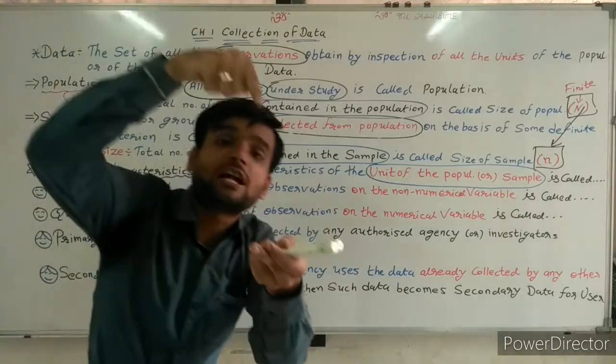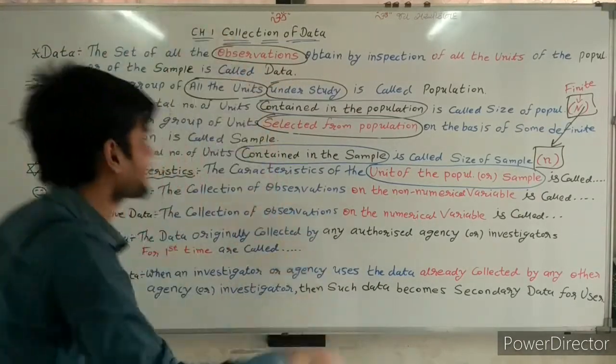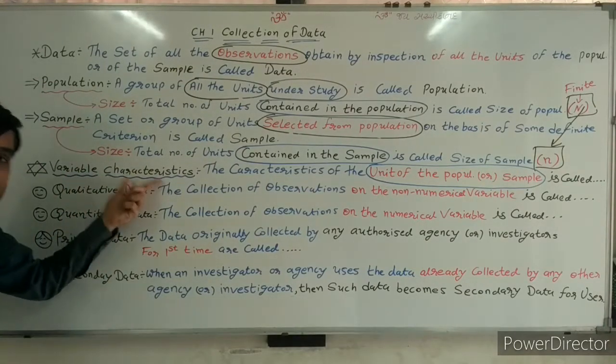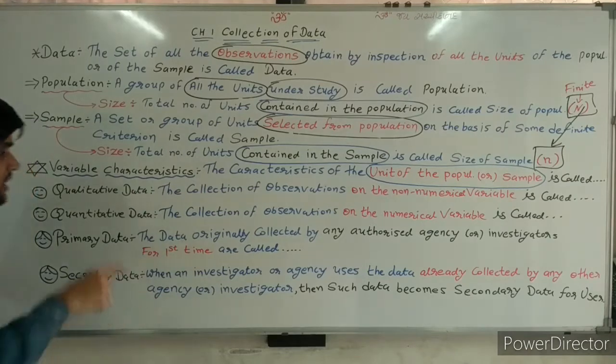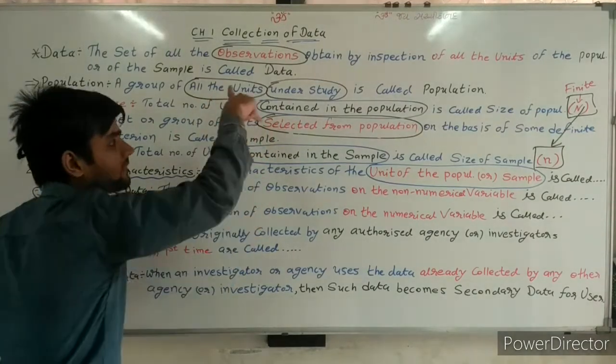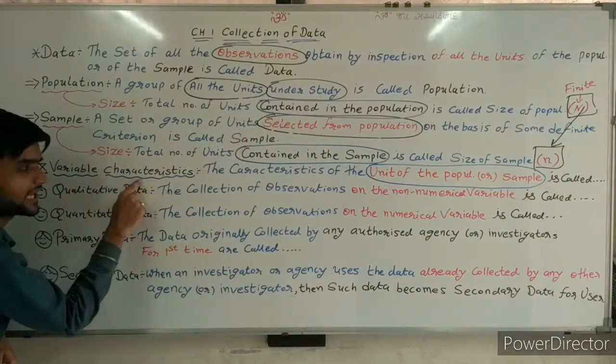And the nature of those selected units or the nature of all the units, that nature is called variable characteristics. These units are variables and we are finding the characteristics of these 2 units, which is called variable characteristics.